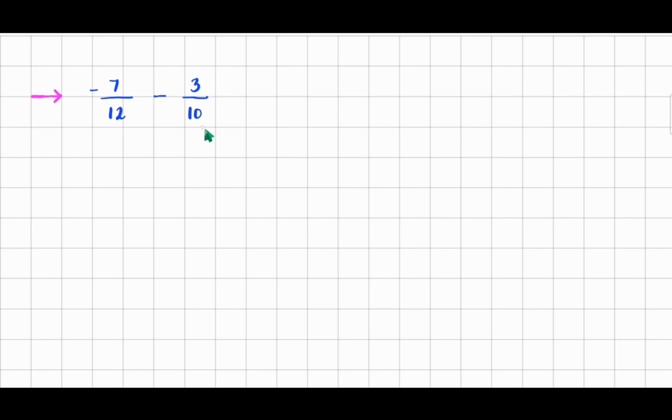Now let's add these numbers using the LCM method. So write the denominators 12 and 10 and make an L. Here we are going to think about prime numbers, any prime numbers that can go into 12 and 10. And for me, the only number that comes to mind is 2. So we have 2 into 12 is 6 and then 2 into 10 is 5. Now 5 is a prime number but 6 is not.